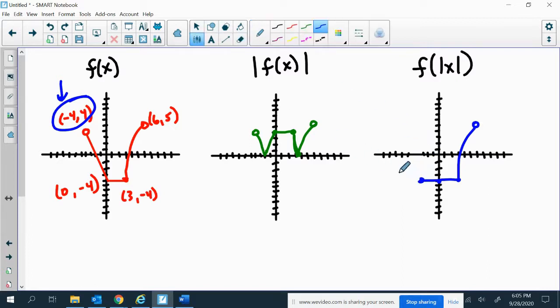So once I get to -4, that's only a little bit up here. I then have to put an open circle because -4 was not in my domain. So it looks something like this. And everything mirrors over, except I have to stop when my domain restrictions officially stop. So remember, in f of absolute value of x problems, there is no adding to the domain.